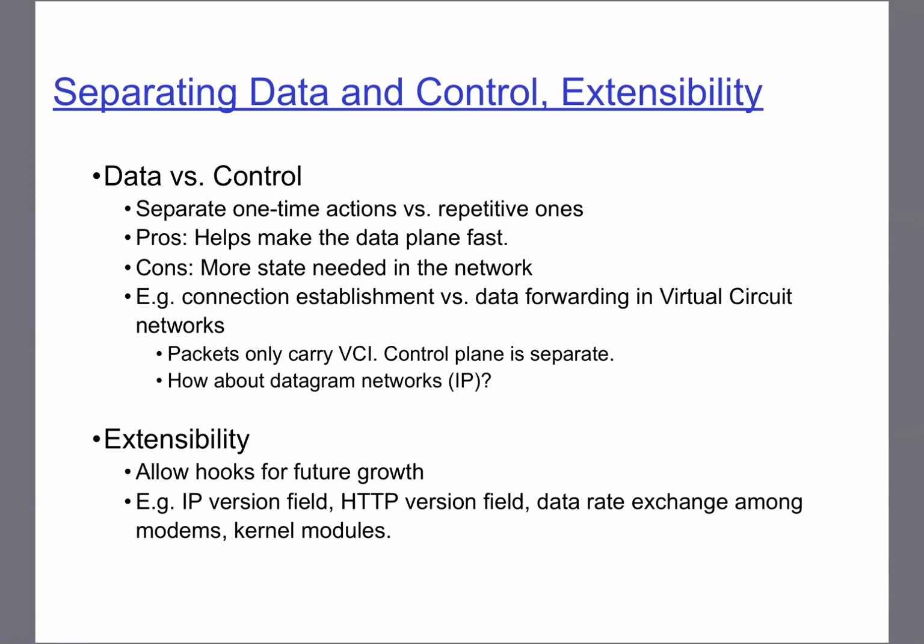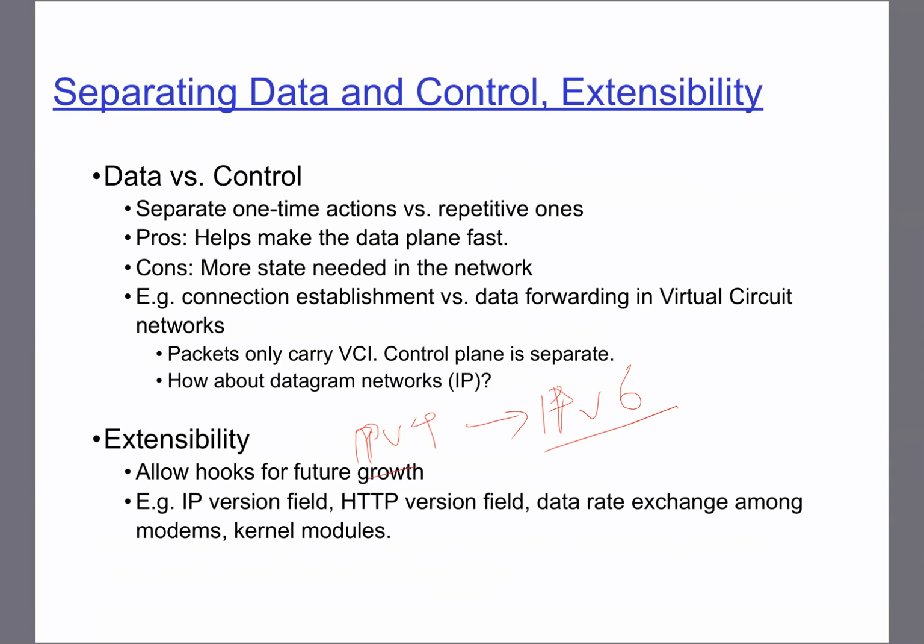With extensibility, for example, the world is transitioning right now from IP version 4 to IP version 6, where we're soon going to run out of IP addresses to give to all our devices that are proliferating, right? From our cell phones to Internet of Things. So IPv6 is supposed to help us with that proliferation.